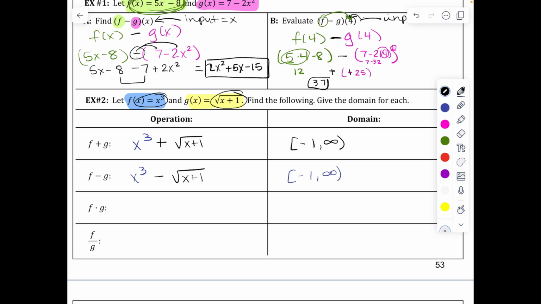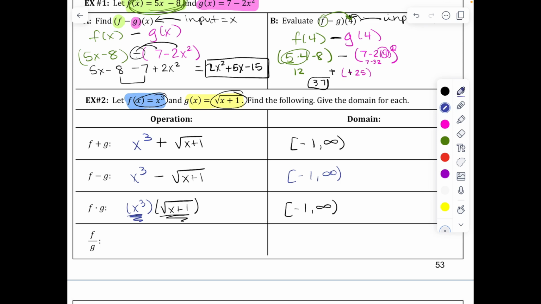F times g of x, so f is x cubed, and g of x is the root of x plus 1. So in order for this to work, the domain for x cubed is still negative infinity to infinity, but this one is still from negative 1 to infinity. So that's the only domain that's going to work for both of them.